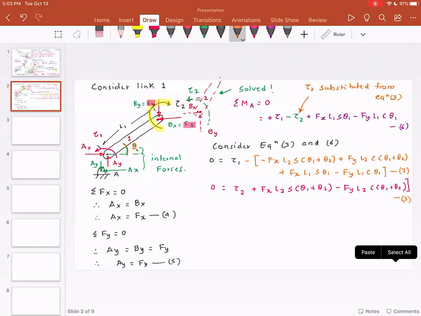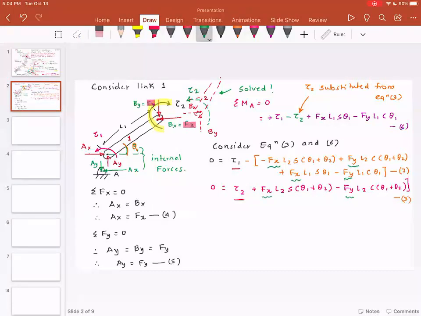Now I want you to understand what is happening. You have a very nice expression for tau 1 and tau 2 in terms of fx and fy. So check this out, and I will repeat this once again. You have tau 2, you have tau 1. Now these can be expressed in terms of fx and fy. So I could write this entire expression in terms of a matrix equation. And please follow what I'm doing here.